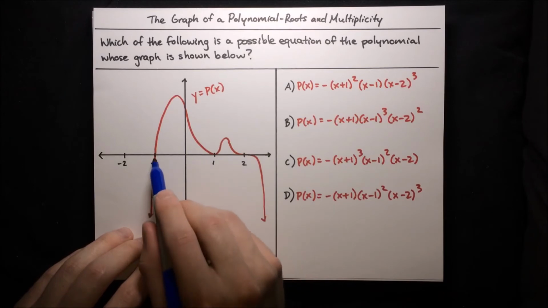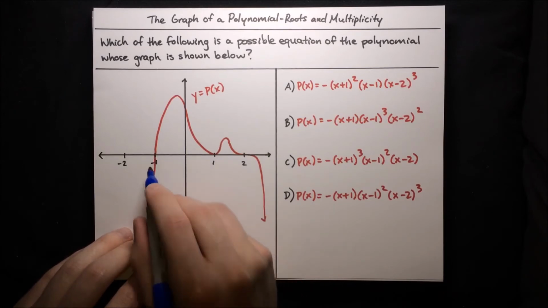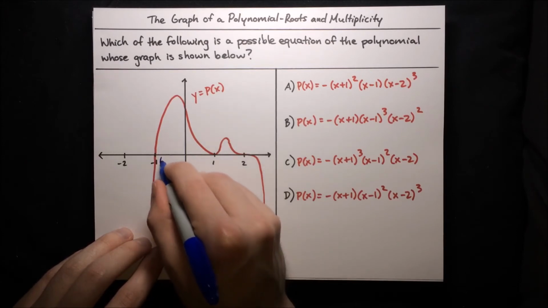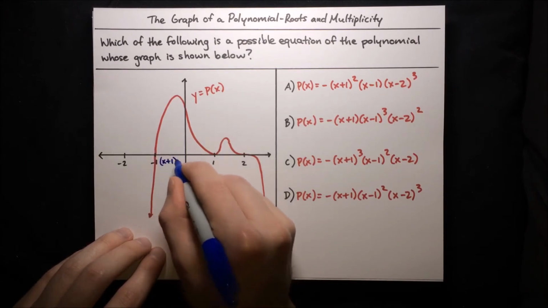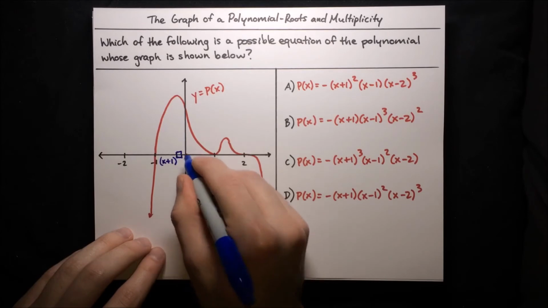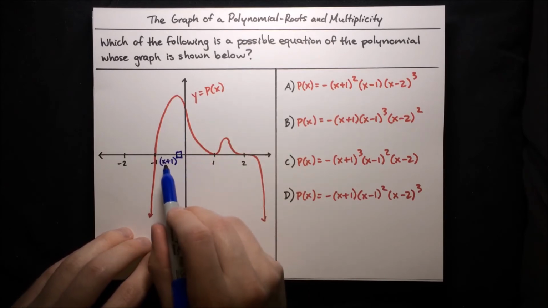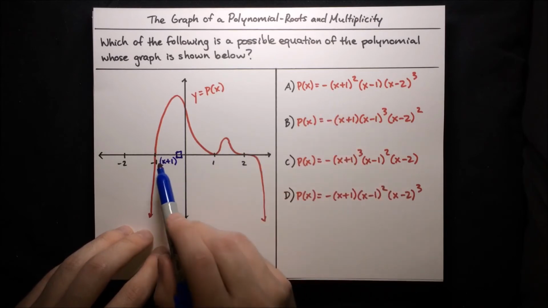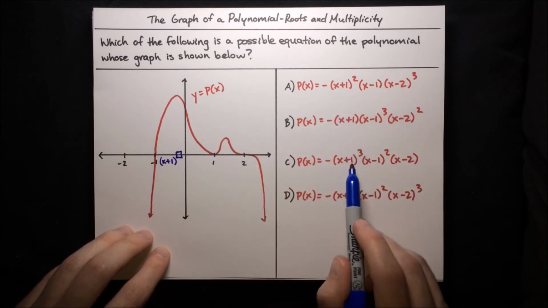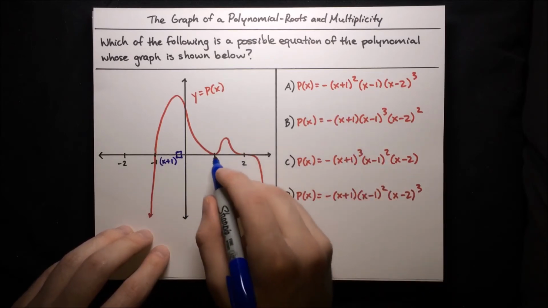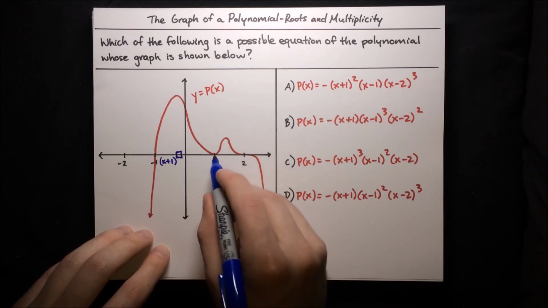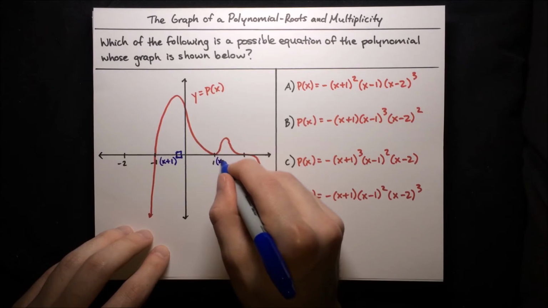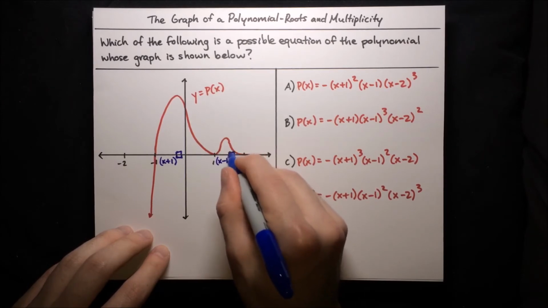So let's go ahead and look at the root at -1. That corresponds to a factor of x minus -1, or just x plus 1, and that's raised to some power, its multiplicity, but let's not worry about that just yet. Let's make sure each of these polynomials has that: x plus 1, x plus 1, x plus 1, x plus 1. Okay, how about this one? Root at 1, so that corresponds to a factor x minus 1 raised to some power.